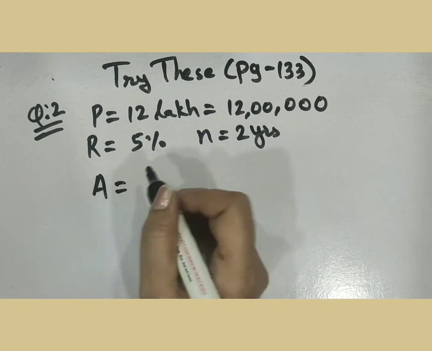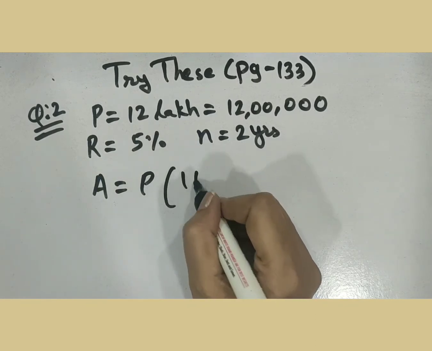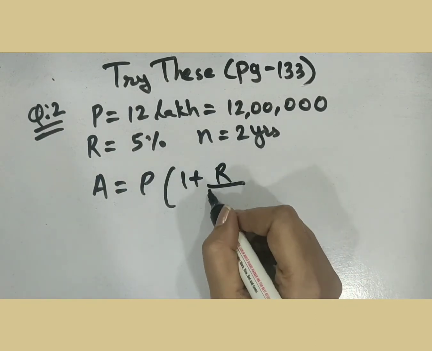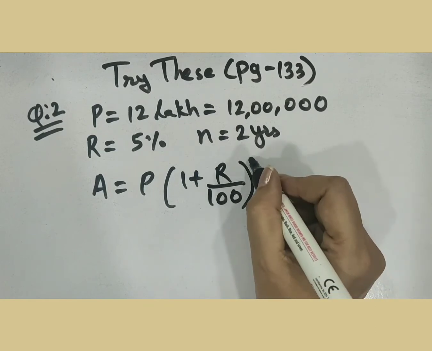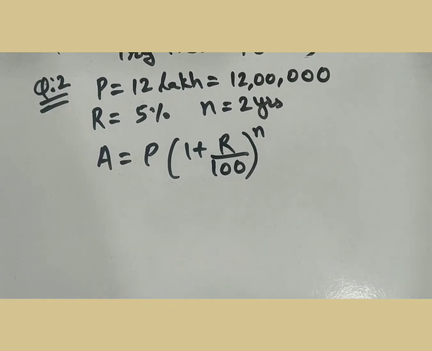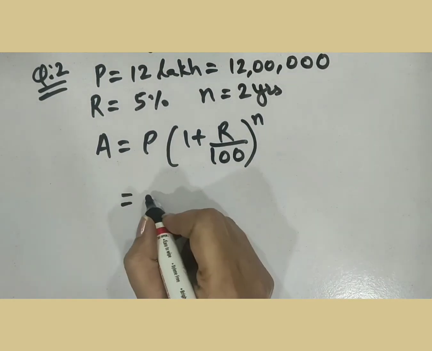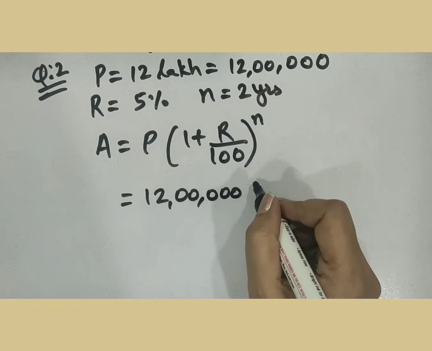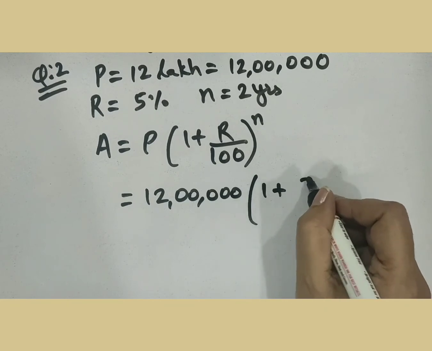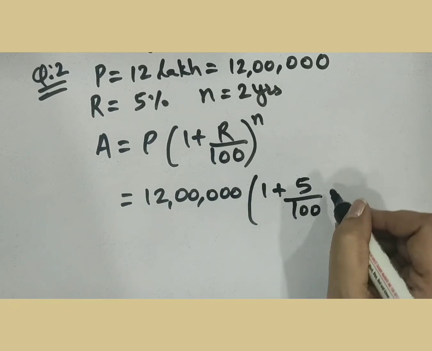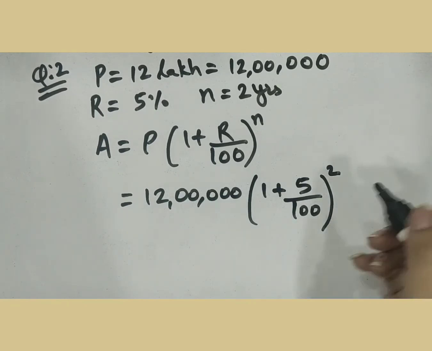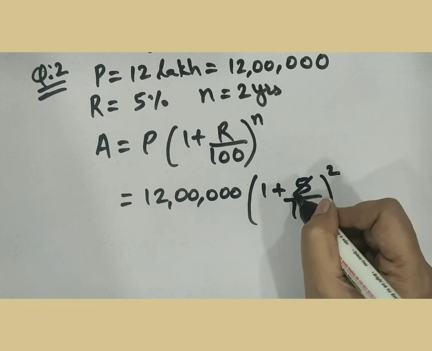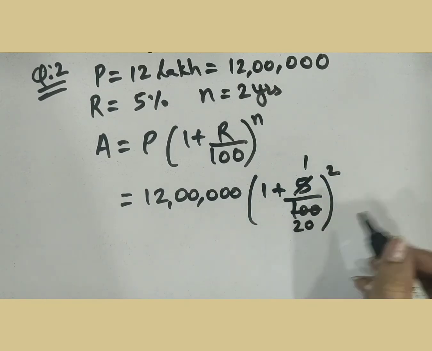So A will be equal to P into 1 plus R upon 100 whole raised to n. So that will be equal to 12 lakh into 1 plus 5 upon 100 whole square. So both will go by 5. 5 ones are 5, here I'll get 20.